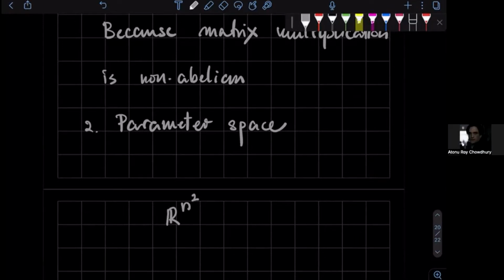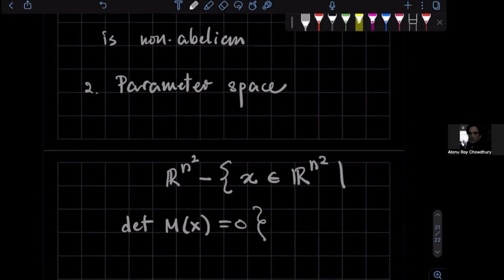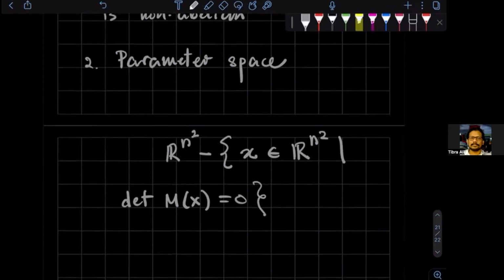It contains the ones with determinant 0, so we need to exclude those ones. Yes, R^(n squared) minus all those points in R^(n squared) such that the matrix that we can make out of X has determinant 0. We exclude those points, right? Is that what you meant? Yeah, okay. So this is going to be the parameter space.